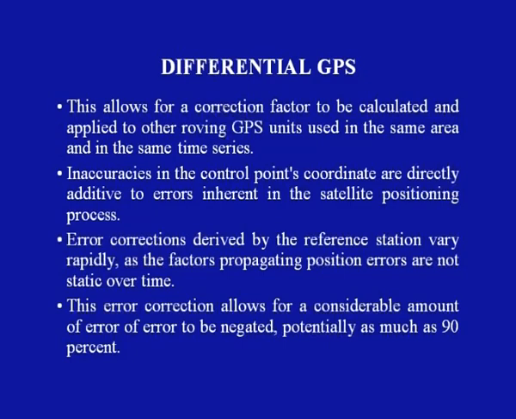It may be noted that by allowing for a correction factor to be calculated and applied to the roving GPS units used in the same area and in the same time series, inaccuracies in the control point coordinates are directly additive to the errors inherent in the satellite positioning process. Error corrections derived by the reference stations vary rapidly as the factors propagating position errors are not static over time. This error correction allows for a considerable amount of error to be negated, potentially as much as 90%.